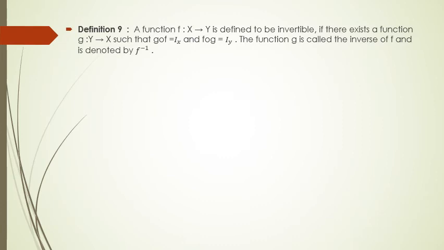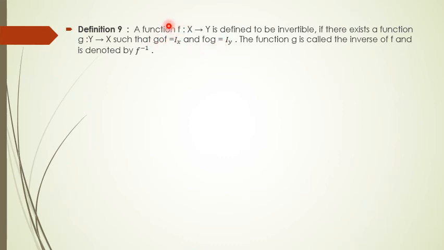Here is the definition of an invertible function. A function f from X to Y is defined to be invertible if there exists a function g from Y to X such that g composition f and f composition g are identity functions.